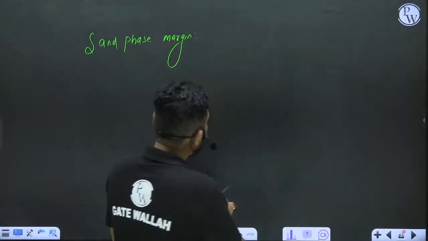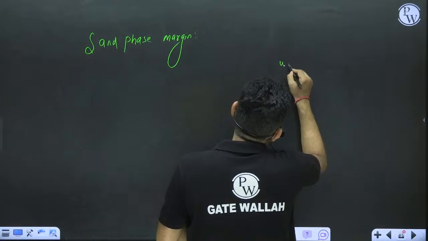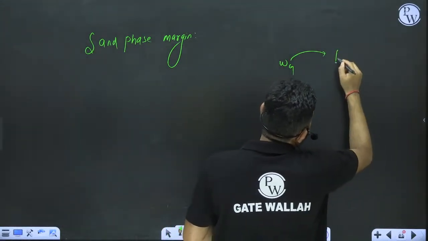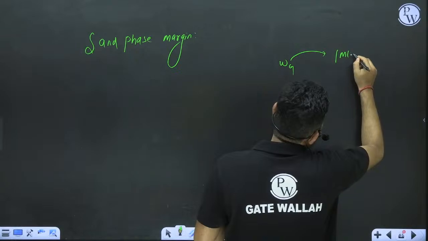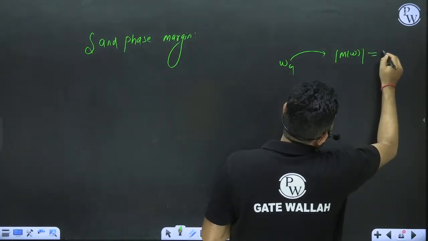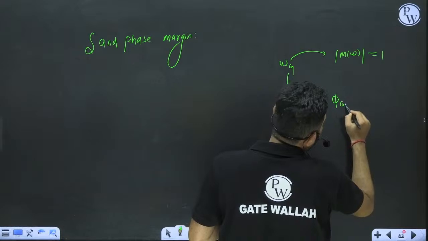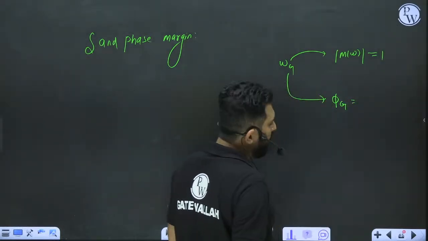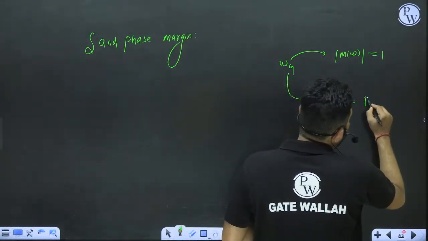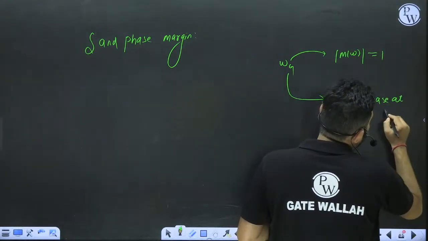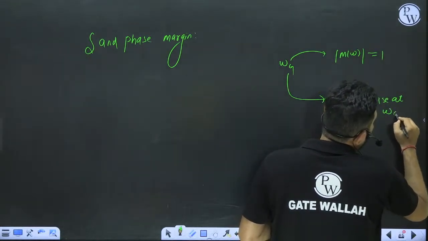First of all, we will evaluate the gain crossover frequency. Gain crossover frequency is that frequency where the magnitude M omega becomes 1. At this omega g, whatever phase phi g we have, we say that it is the phase at omega g, or gain crossover frequency.